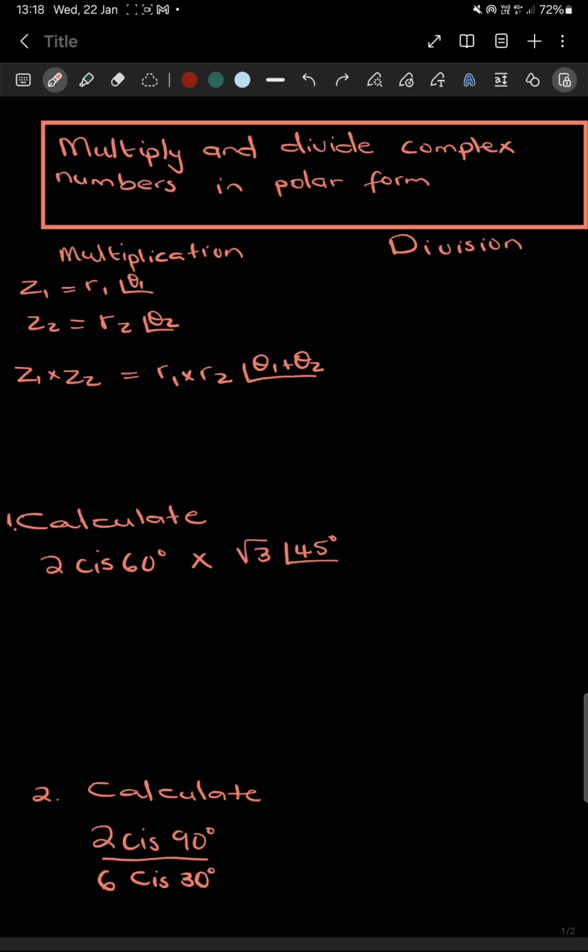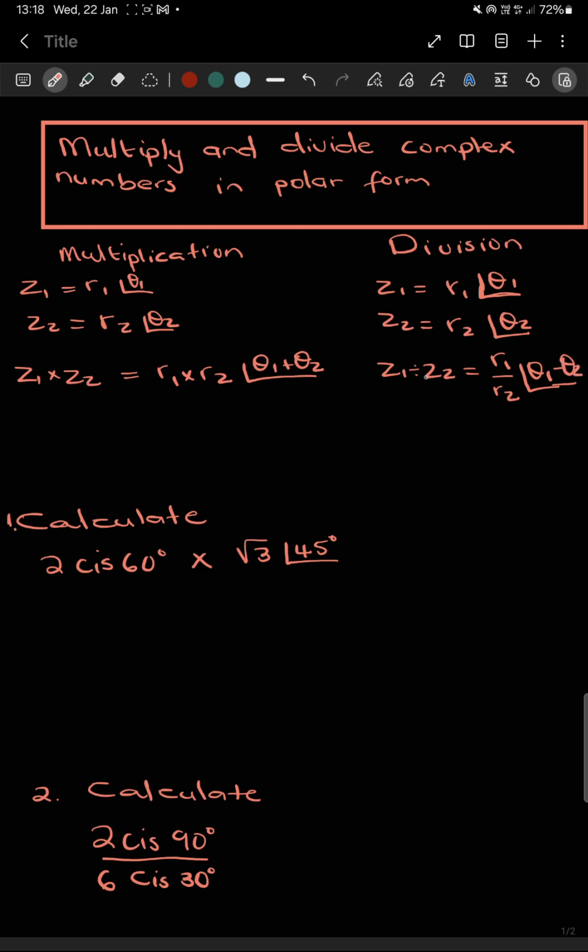Now, with regard to division, if I have the same Z1 equals R1 cis theta 1, and I have Z2 equals R2 cis theta 2, then Z1 divided by Z2 is going to be equal to R1 divided by R2 cis theta 1 minus theta 2.